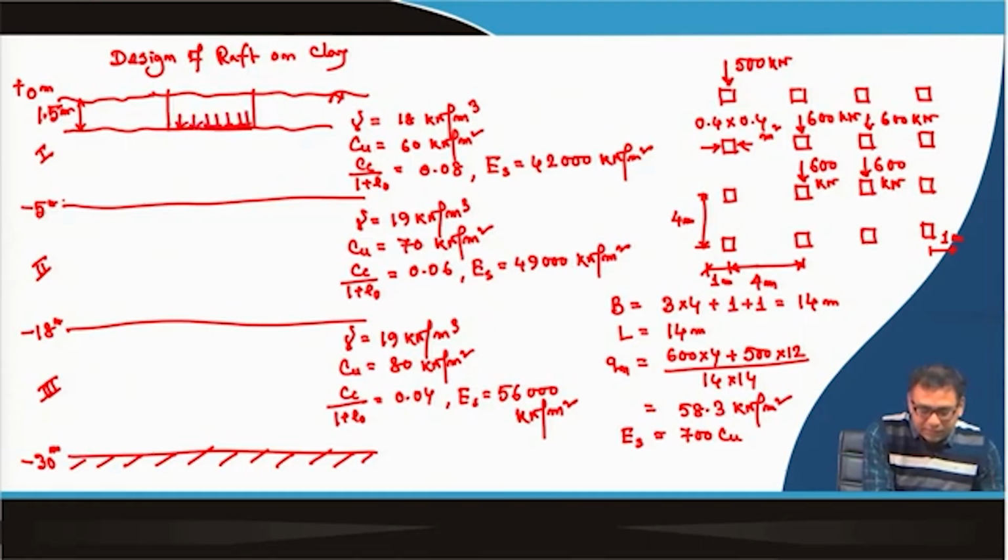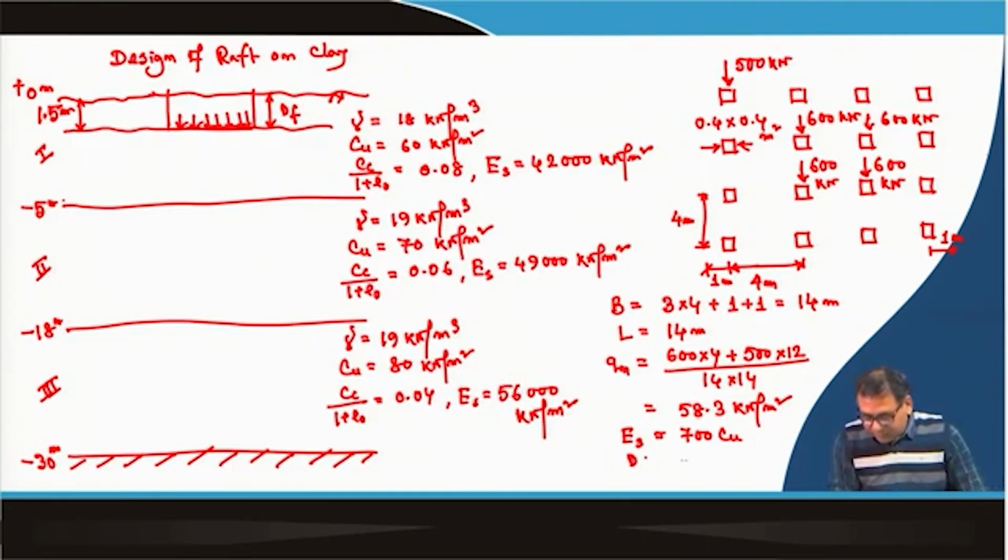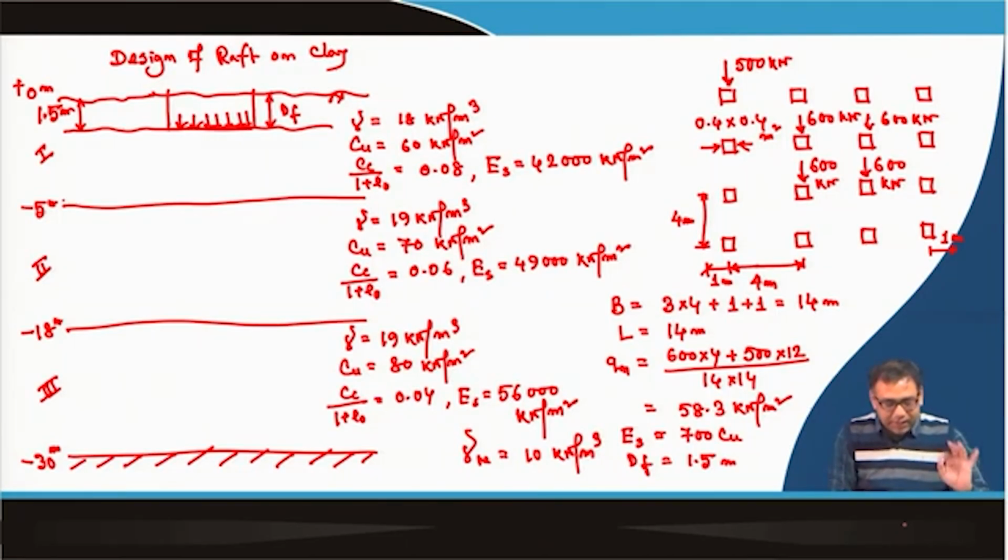So, the Df, depth of foundation, is 1.5. Then we will go for the first trial. Another property is given, the unit weight of water is also given as 10 kilonewton per meter cube.